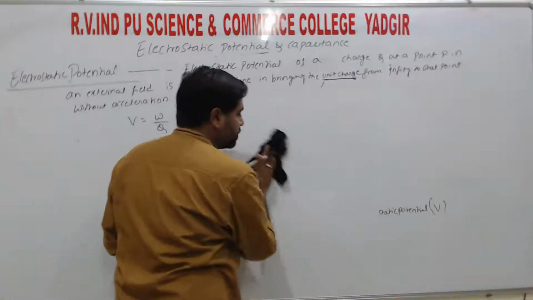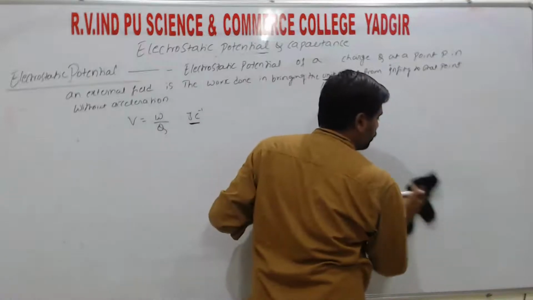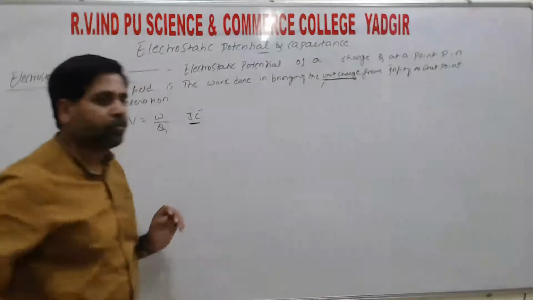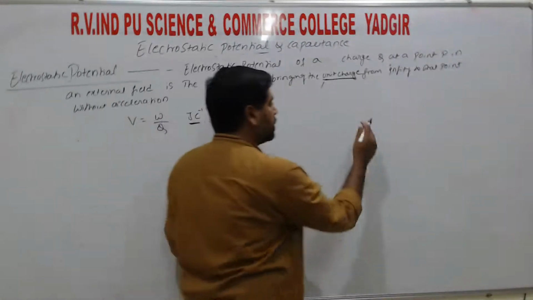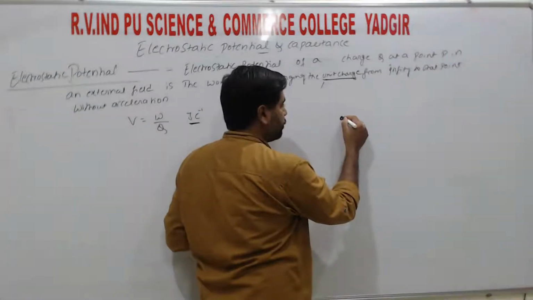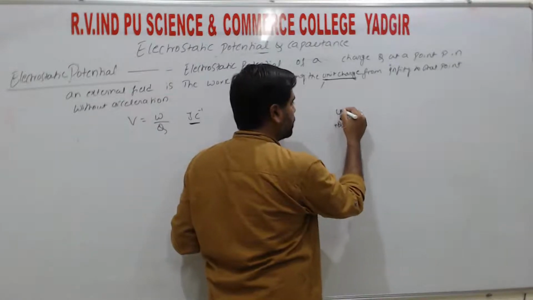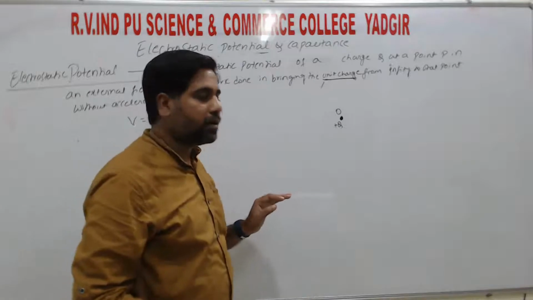In potential energy we are bringing the charge Q, but here we are bringing the charge of 1 coulomb. For that, consider a charge Q at the origin, a plus charge at the origin.